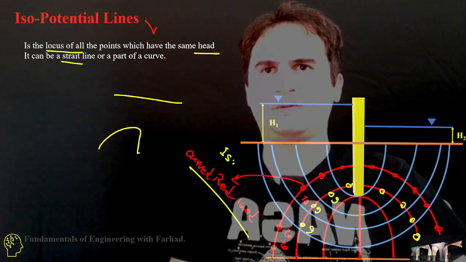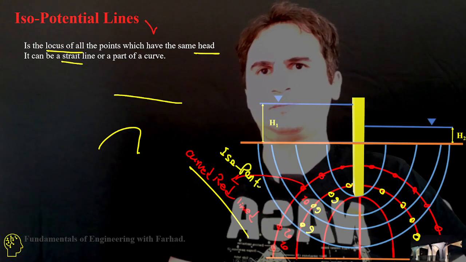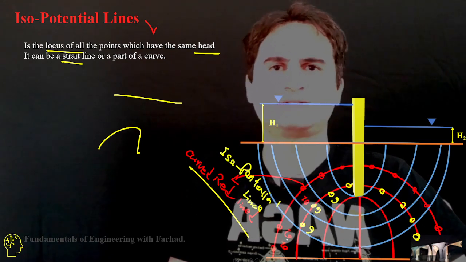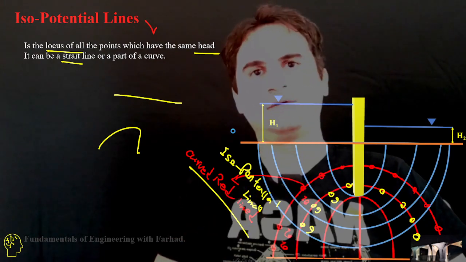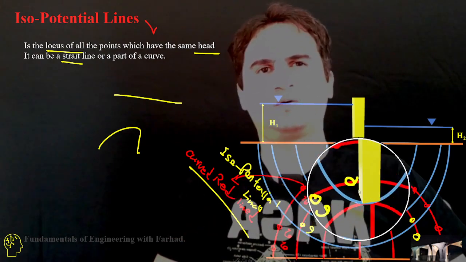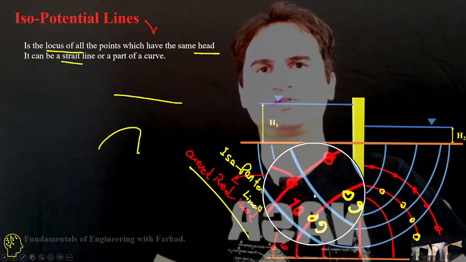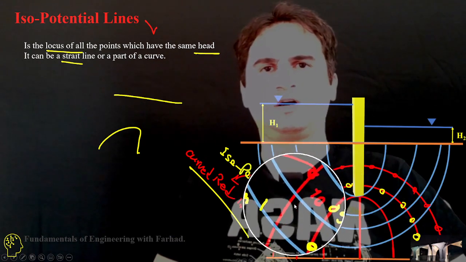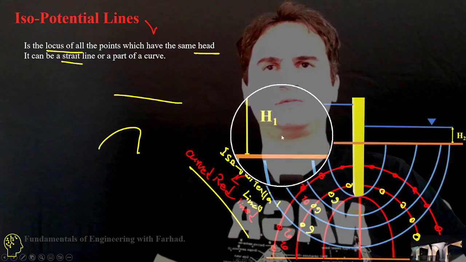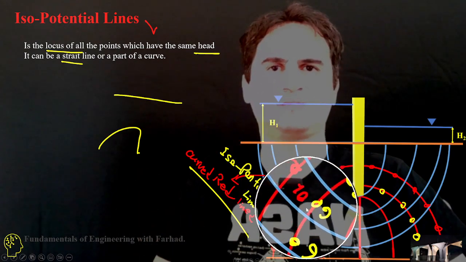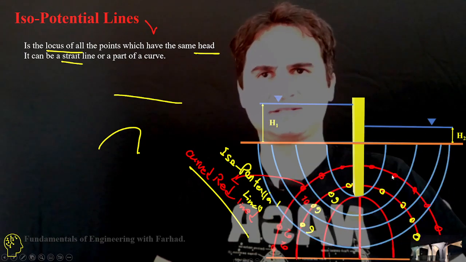We call them isopotential lines because all points standing on them have the same amount of water. And definitely, as you travel farther from upstream to downstream, the head of water decreases from 10 to 9, 8, whatever it is.